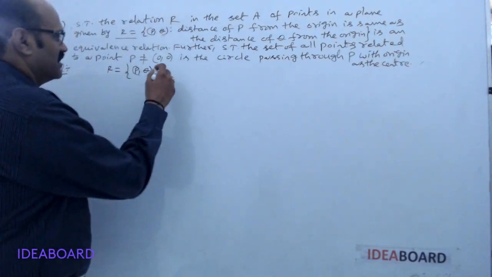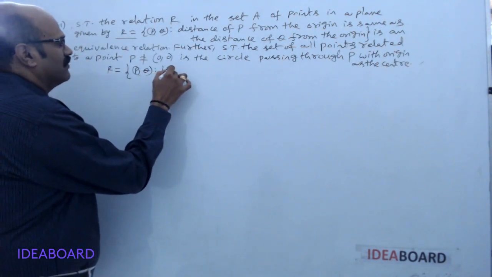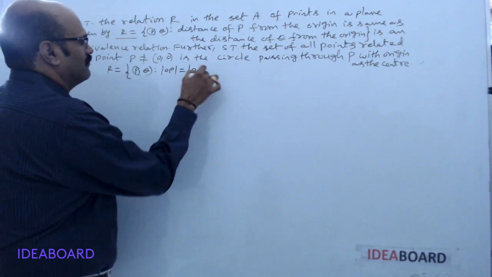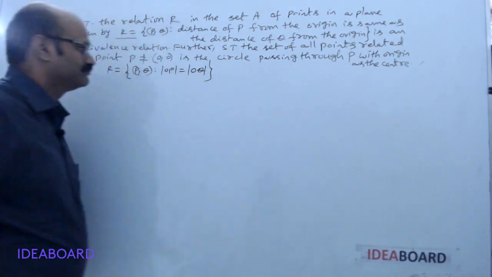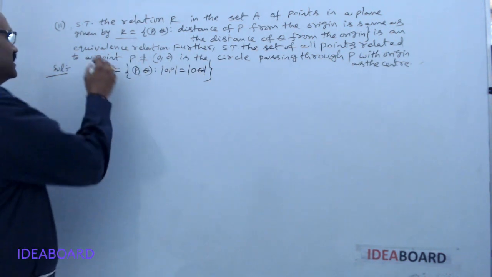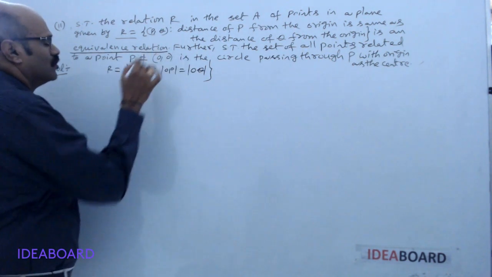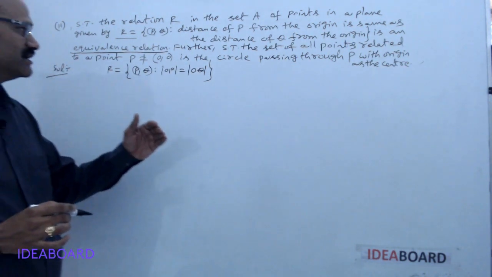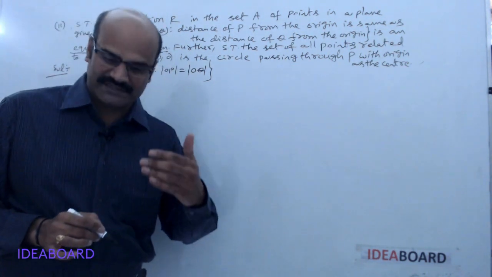It is given that |OP| equal to |OQ|. Now we have to prove that it is an equivalence relation. To prove that, first we have to verify the reflexive relation.